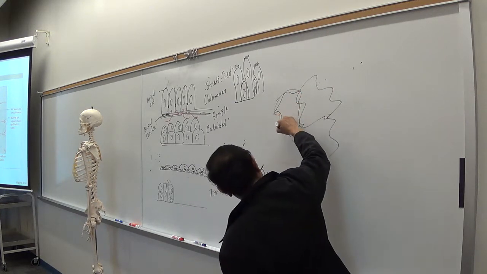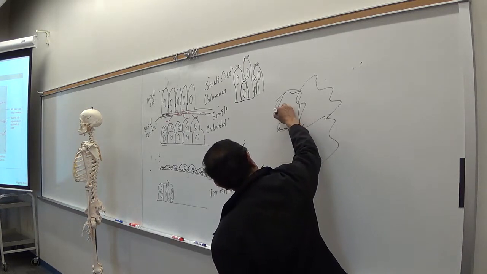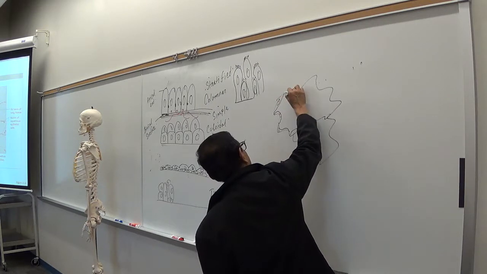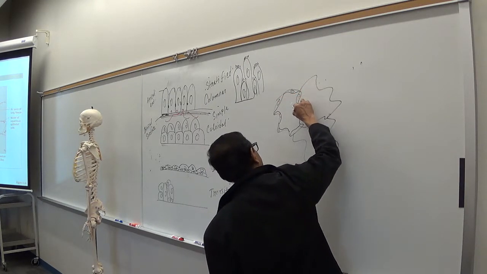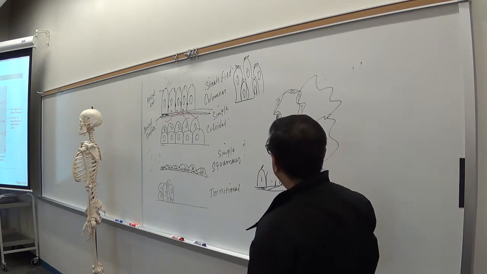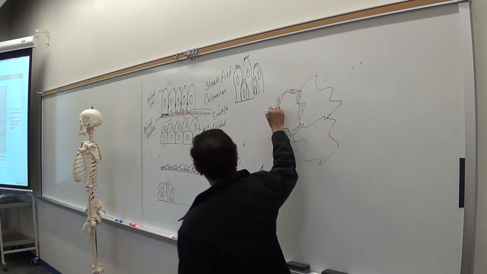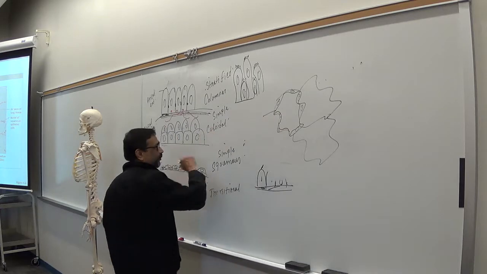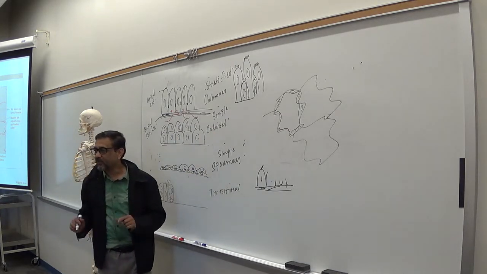This is one flat cell, nucleus here. This is another flat cell, nucleus here, another one. So a single layer of flat cells in the wall of the alveoli. That's why it is called simple squamous. Is it clear?